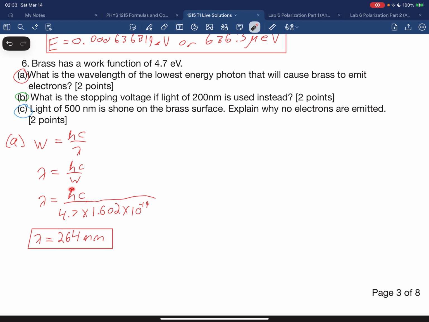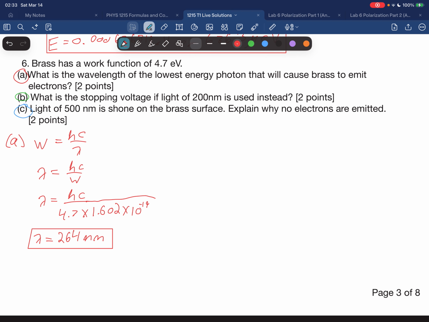Because remember, regular Planck's constant, which I'm going to replace with 6.626 times 10 to the negative 34, has units of joule seconds. So we do have to convert either the 4.7 to joules or Planck's constant to electron volts, one or the other. So that was the answer for part A.